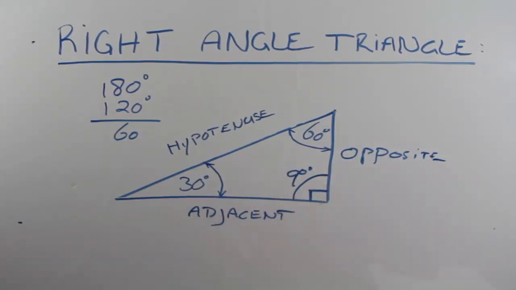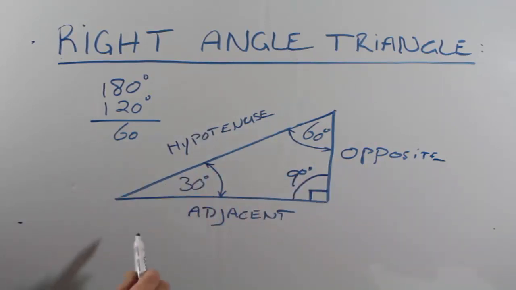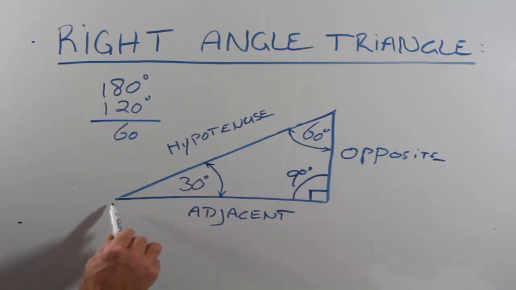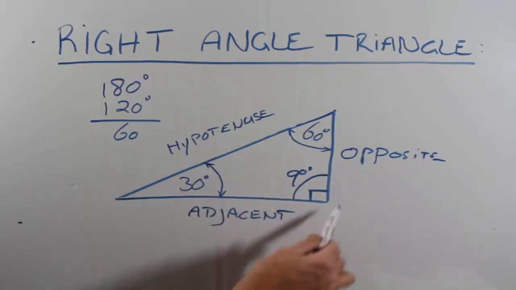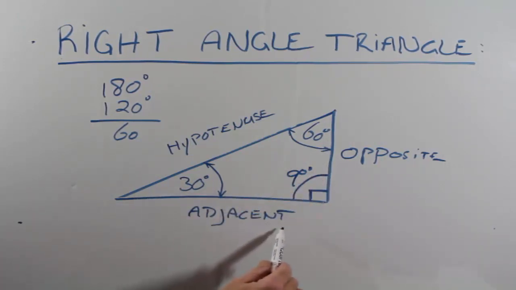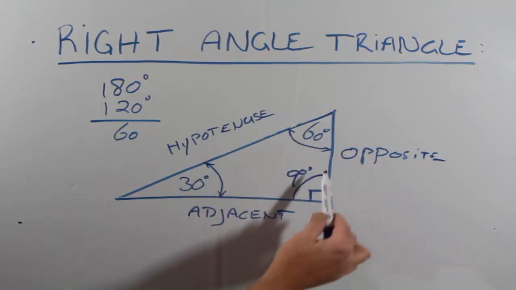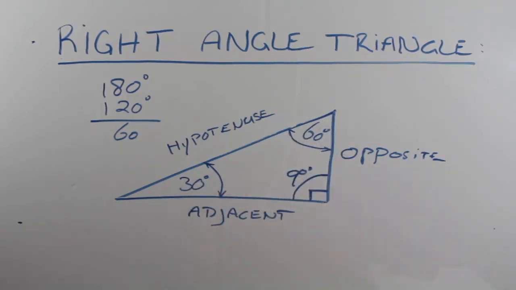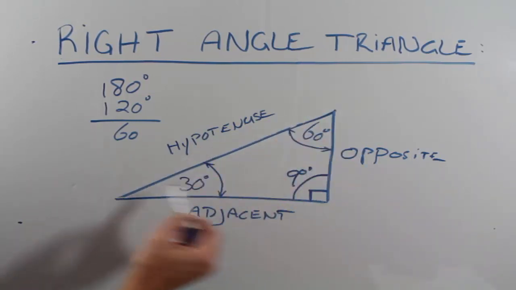So we have the adjacent, the opposite, and the hypotenuse. Right now we're working with this 30-degree corner, so the leg that is attached to the 90-degree corner will be the adjacent, and the leg opposite of that corner will be the opposite leg. Now the long leg opposite of the 90 is always going to be called the hypotenuse.